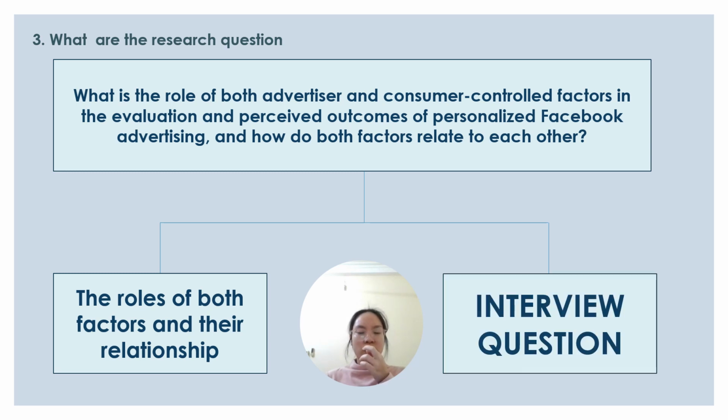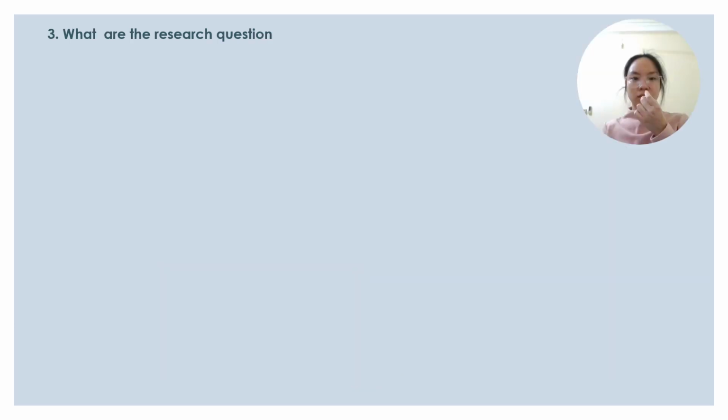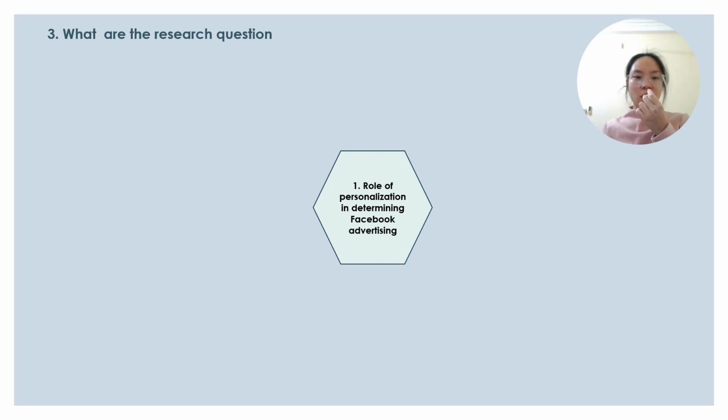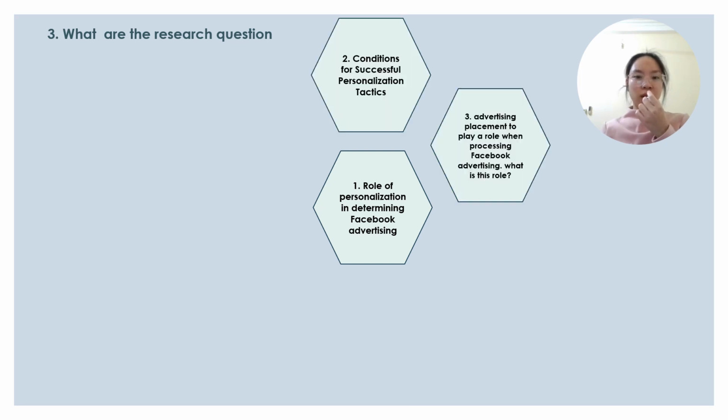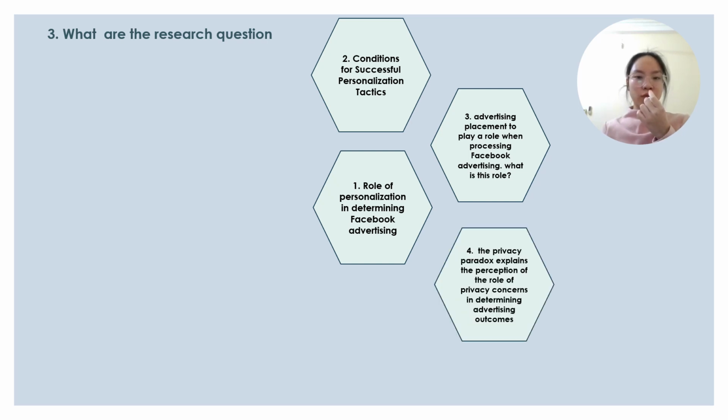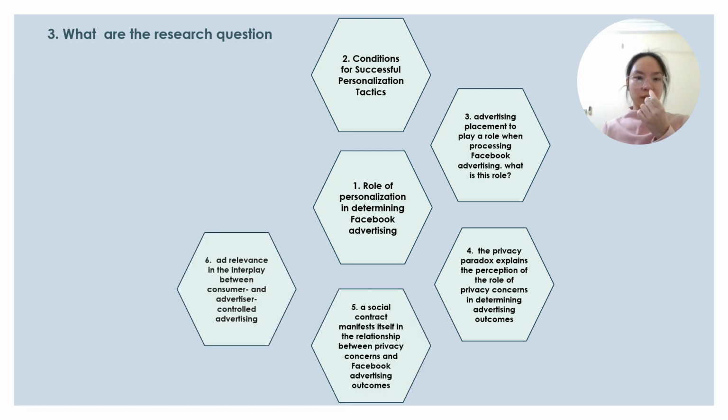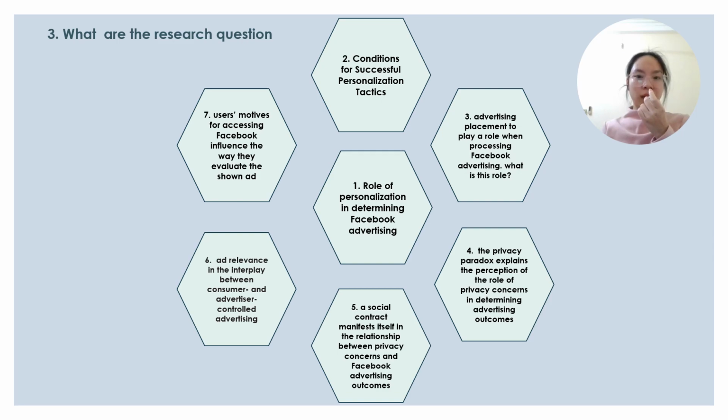And to be able to answer the central question in detail, the research creates 7 consumer interview questions to show the role of consumer- and advertiser-controlled factors. Questions 1 to 3 analyze the factors controlled by the advertiser: personalization and ad placement. Questions 4 to 7 analyze consumer-controlled factors: privacy concerns, perceived relevance, and Facebook use motive.